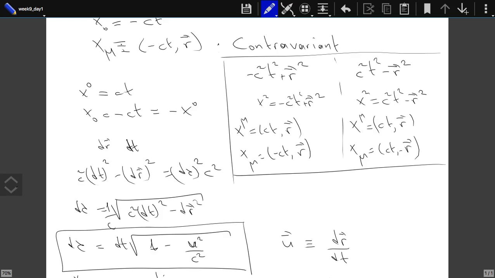For example, one of the reference frames is fixed on me. I look at the object, that's him, moving, let's say, with constant velocity u. I look at my time, let's say 1 second passes.